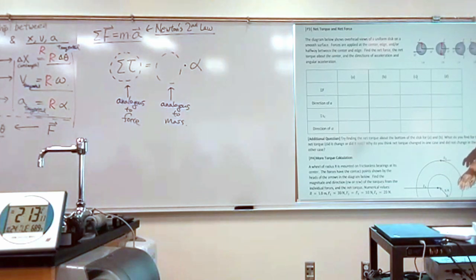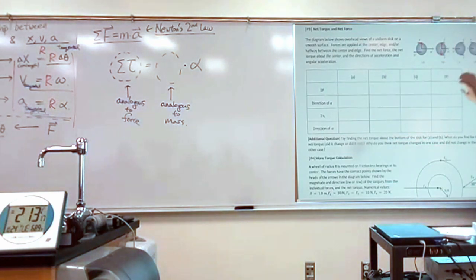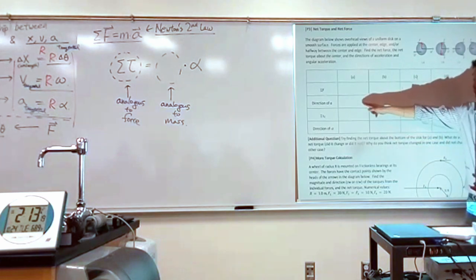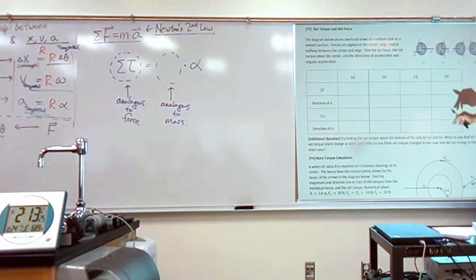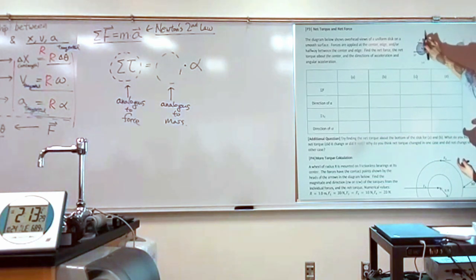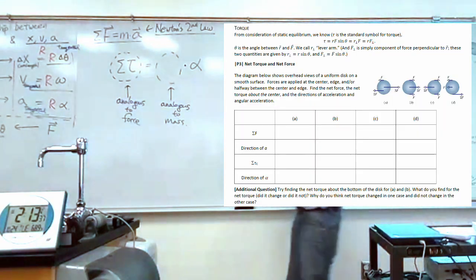And I want you to fill out this table. Net force for A, B, C, D, direction of acceleration for all of them, net torque for A, B, C, D. Assume that the sphere has radius r, and it hopefully won't take you too long to fill this out. Please do that. And I want to point out some interesting facts.